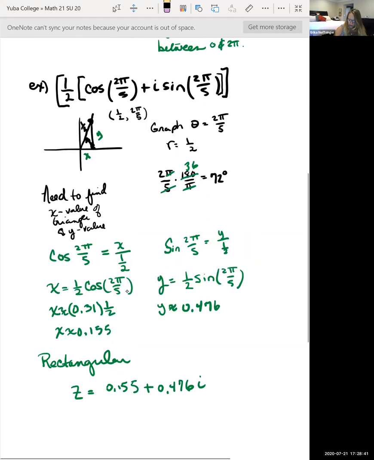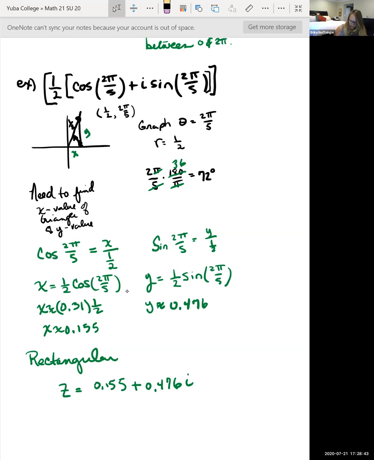If I wanted to rewrite this in, let's just review, exponential form, then z is equal to r, which is 1/2, e to the i theta. And theta in this case is 2 pi fifths.